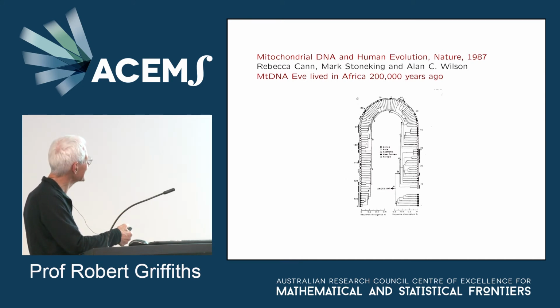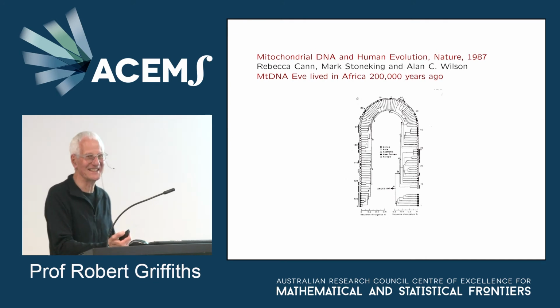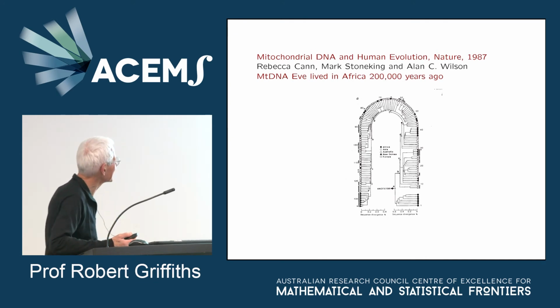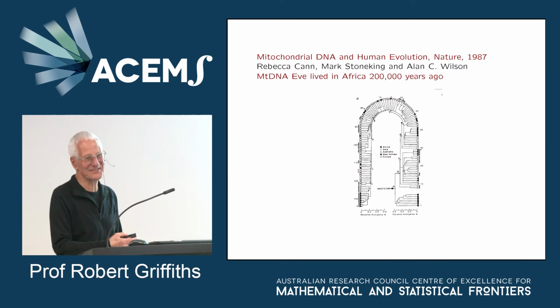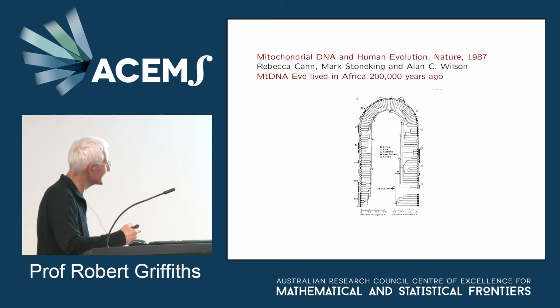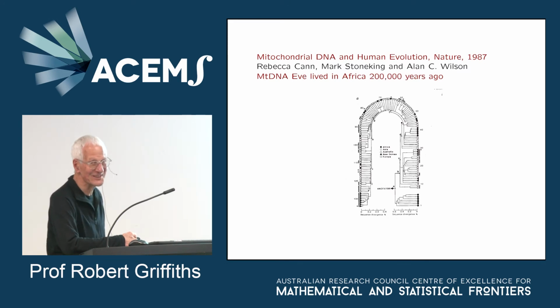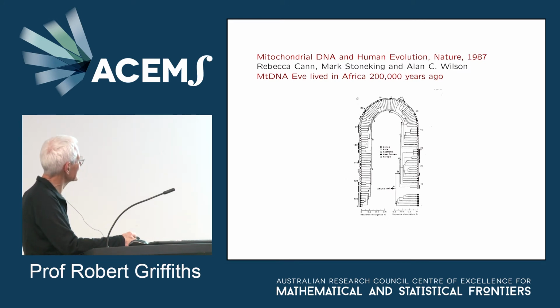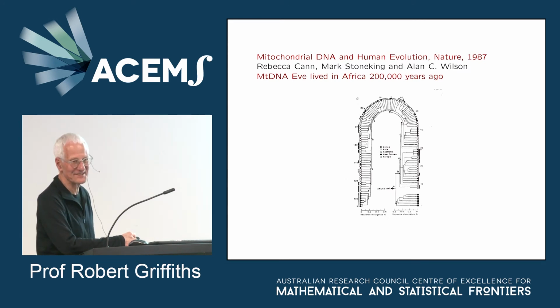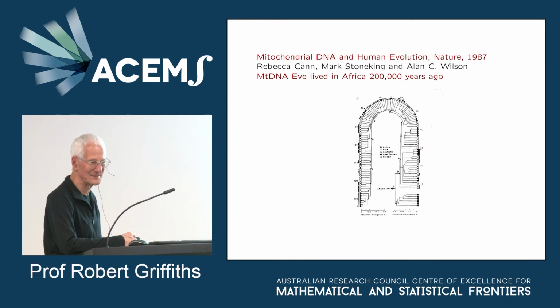It's not really that there was one female living in Africa 200,000 years ago. For a start, it's only the mitochondrial DNA ancestor. And there could have been other females around before that, of course there were, but the other females might not have any descendants in the current population, so they don't appear.